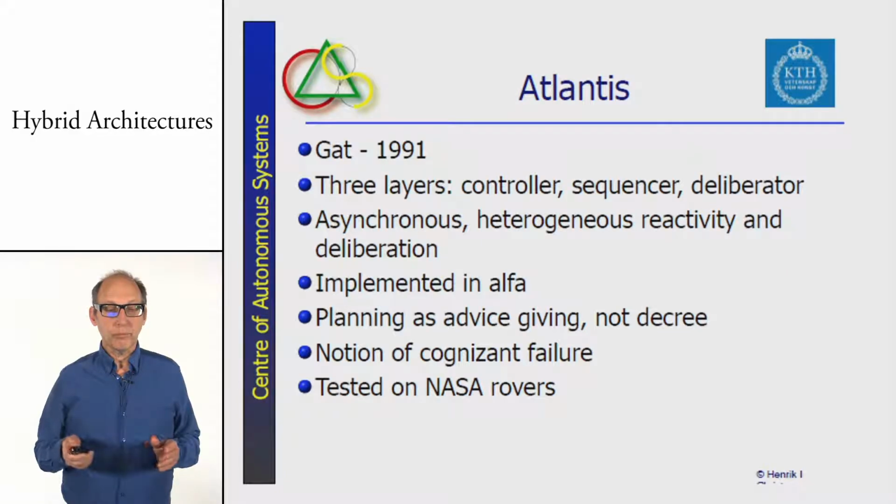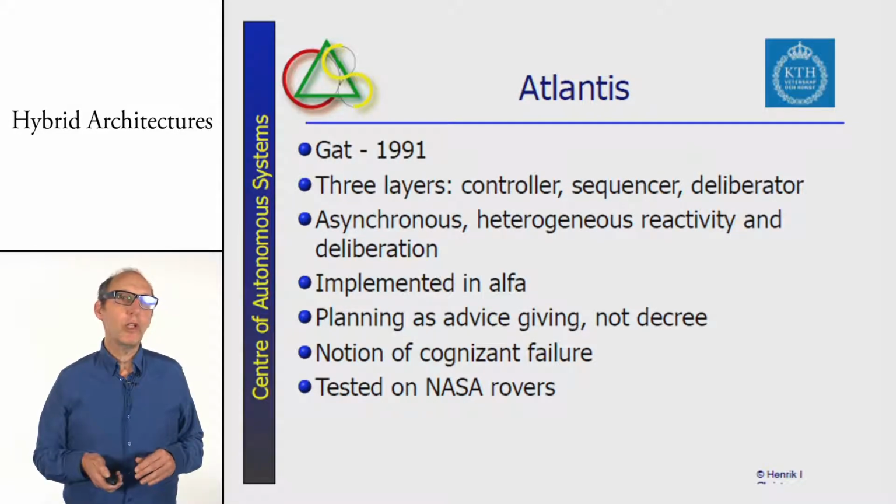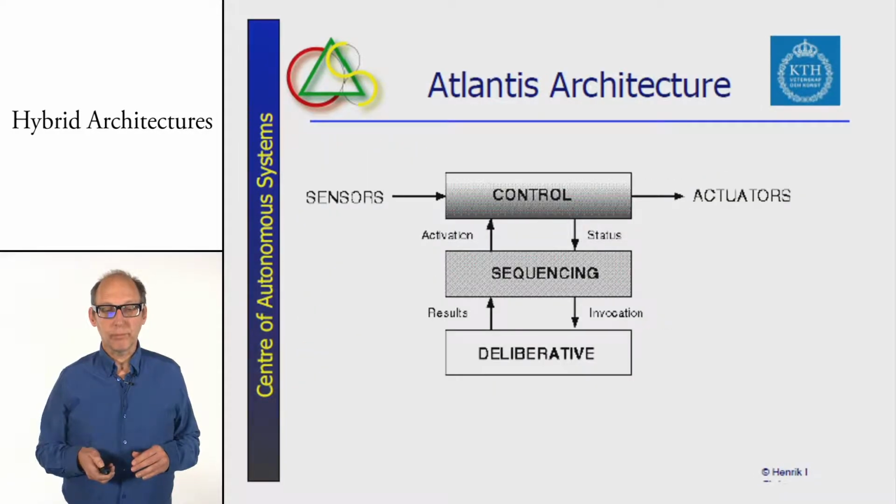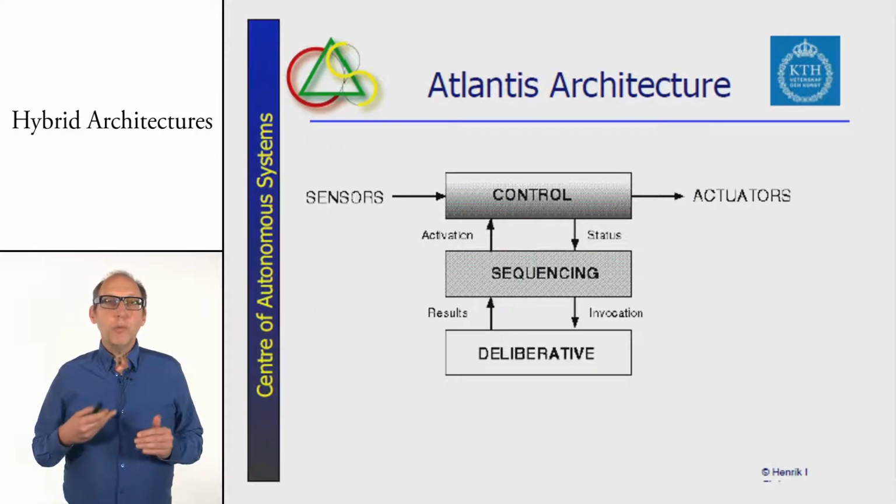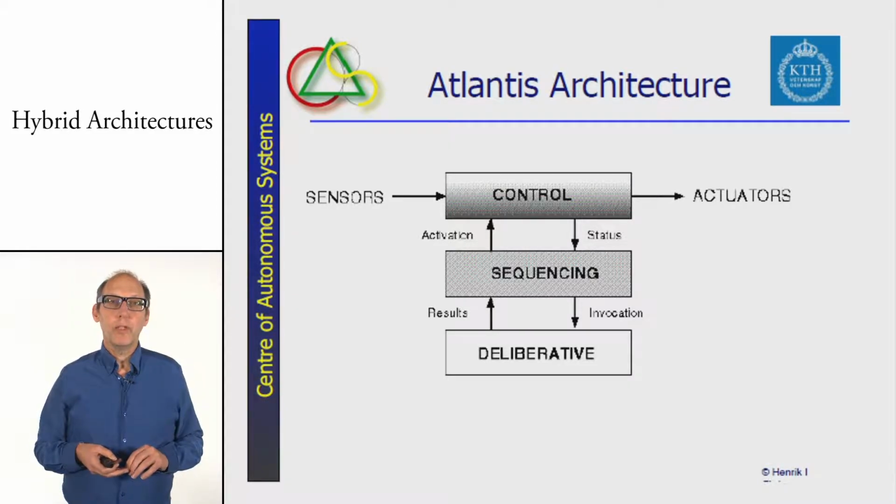And the nice thing of the ATLANTIS architecture is that it was tested on many NASA robots, and there you also see the real benefits of such a hybrid approach. So, in principle, the one that's in control is the behavior-based controller that purely reacts on what it sees and what it does.